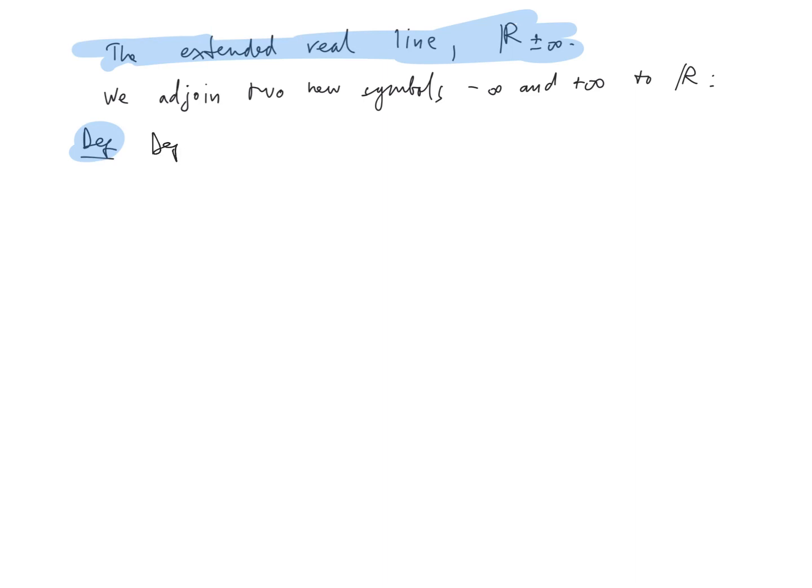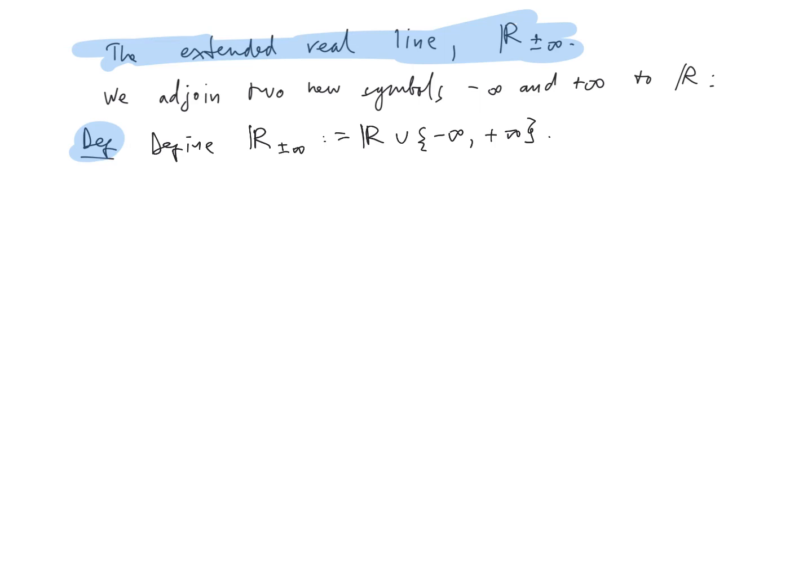We define the set R plus minus infinity to consist of all elements of the set R together with these two new symbols, minus infinity and plus infinity. So we already know the ordering on the real numbers.